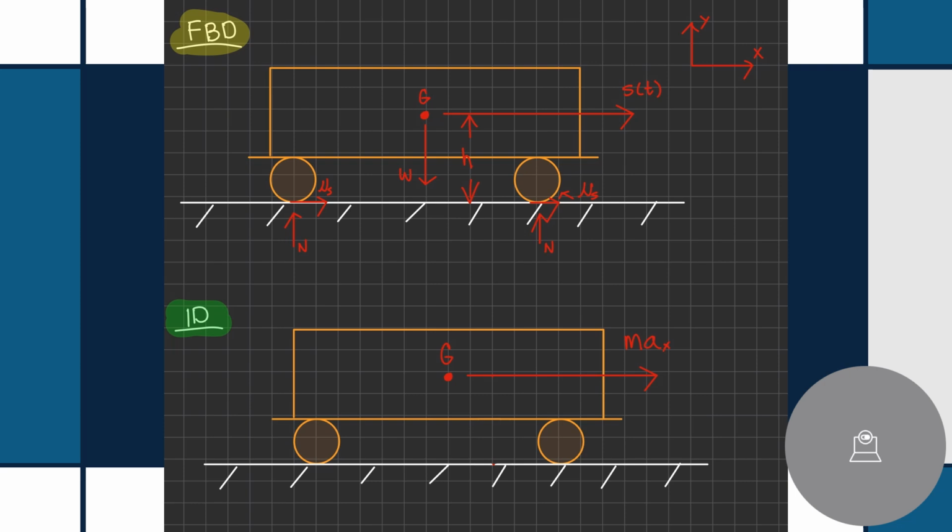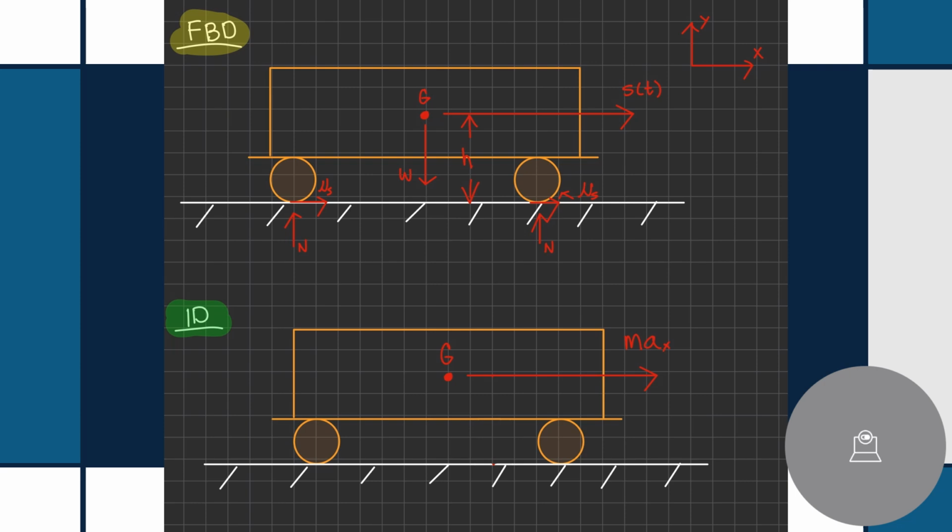Continuing, we have our free body diagram. To start off, we have our coordinate system, X and Y, in the normal fashion. Additionally, we have our weight being pulled down in the Y direction.